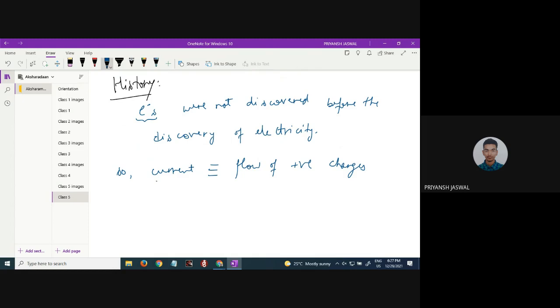And the direction of current was given by the direction of flow of the positive charges. This was before the discovery of electron.